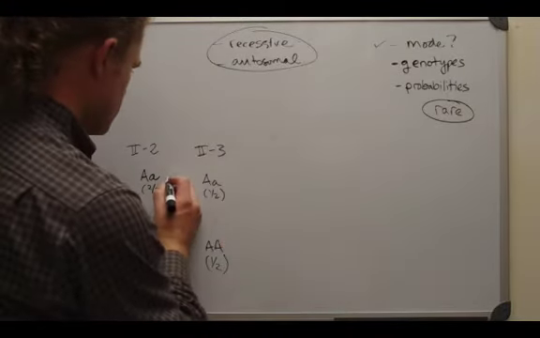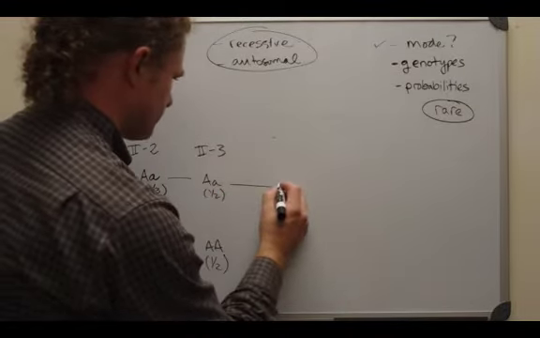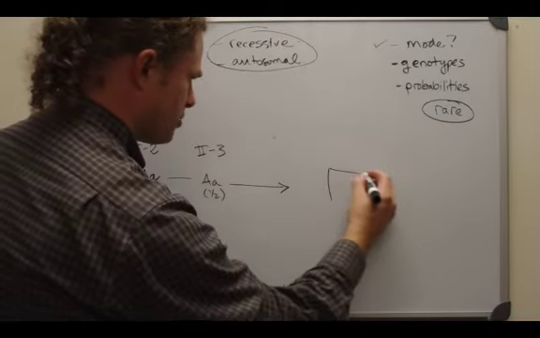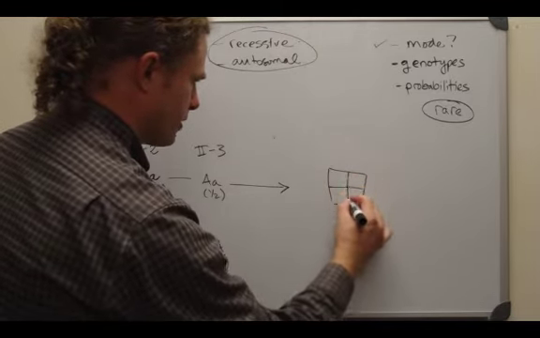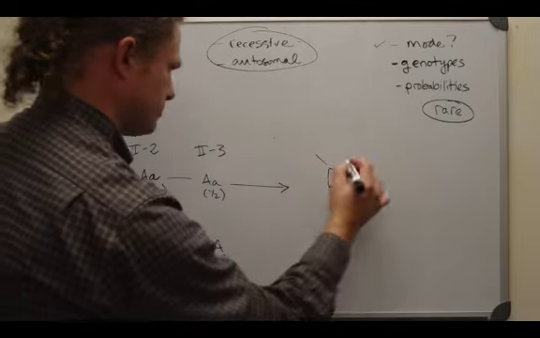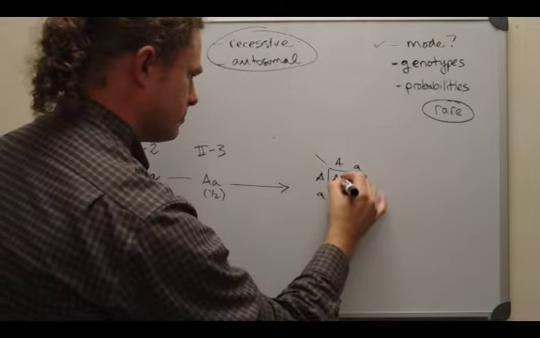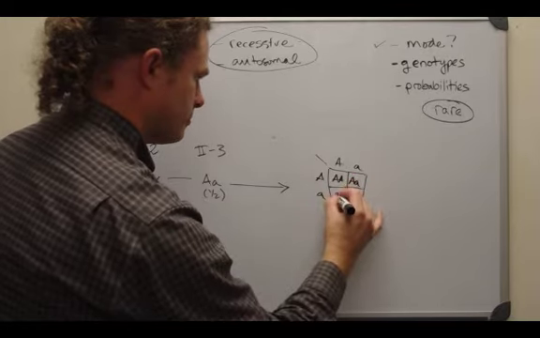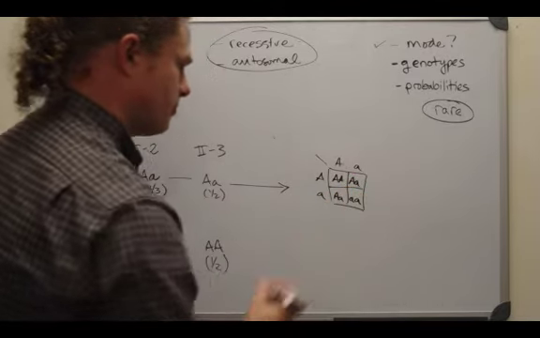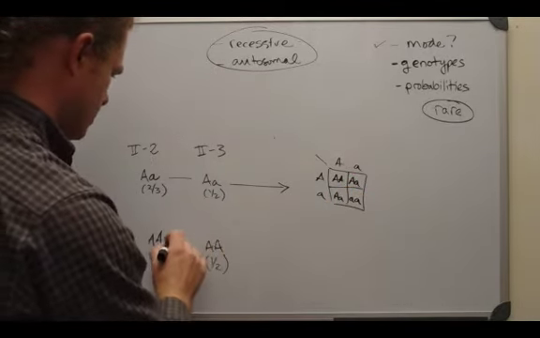So if indeed it was this particular cross, we can draw a small Punnett square for that particular cross. In this case, that would be what results.